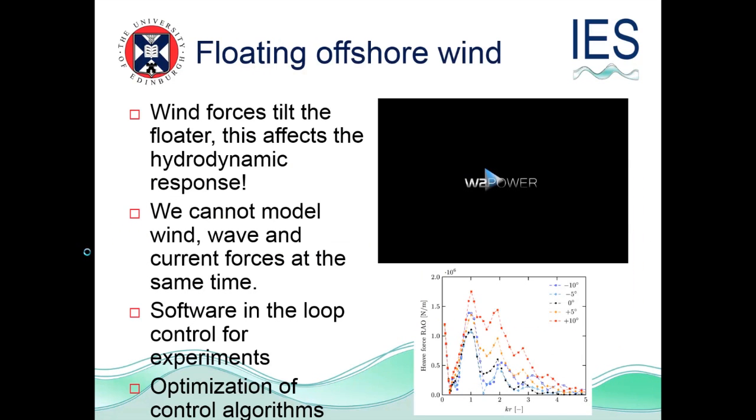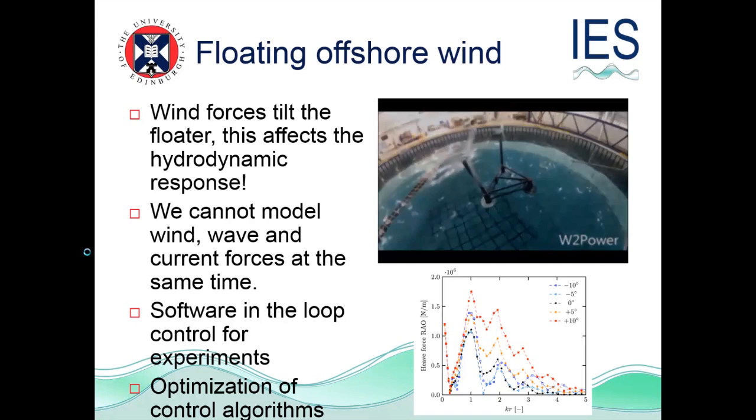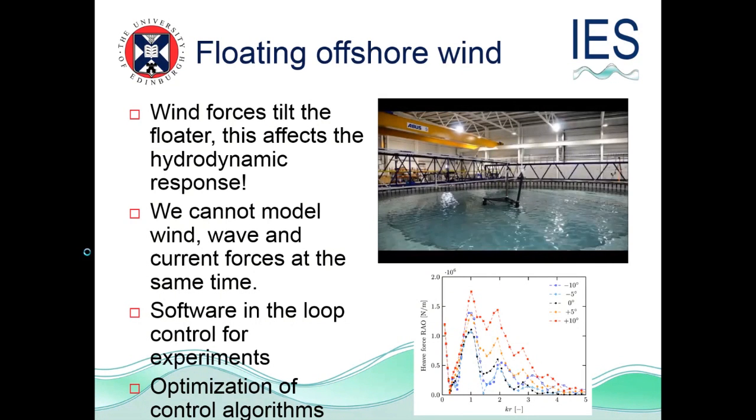And the last thing is some work that we've been doing for a long time on floating offshore wind. This is a floating offshore wind platform that mounts two 5 megawatt wind turbines on a semi-sub being tested in FloWave. And the interesting thing about this is that the wind force pushes the semi-sub back, so it floats at an angle. It's not floating in the way that it was designed.